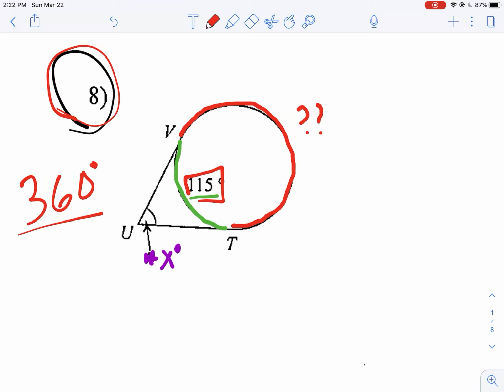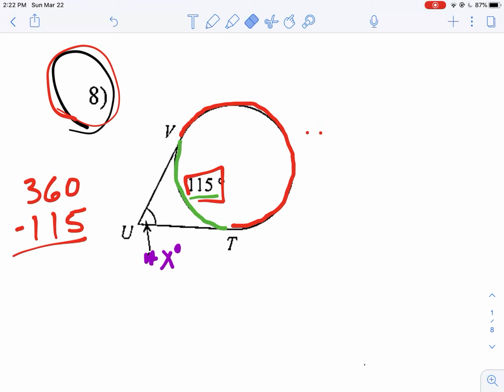So if I wanted to find the red arc, I can do that. All I have to do is take the total, which is 360. Well, I guess I'll write it again over here. 360, and subtract out what I already know I have. My small arc is 115. When I subtract 115 from 360, I get 245. Okay, that's what the red arc is going to be.